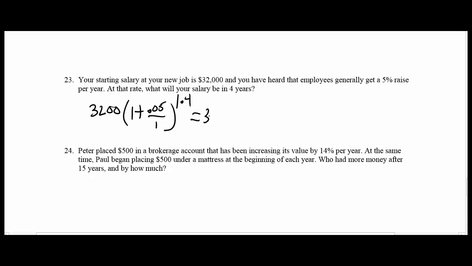So we should be 38,896.20. Now, if you're calculator challenged, that would be 32,000 times 1 plus 0.05 divided by 1 caret parentheses 1 times 4. Should give you that same value.